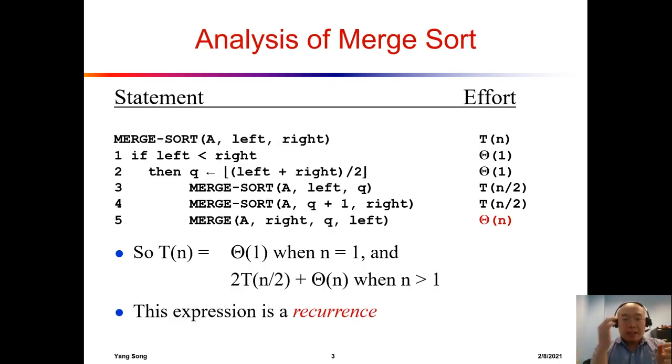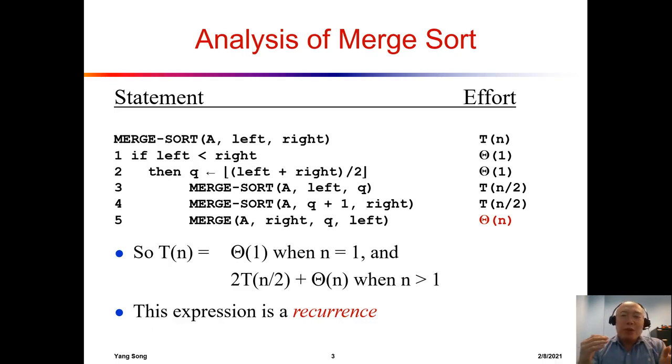And for the analysis of merge sort, we find one tricky thing. To get T(n), which is the estimate of how many primitive steps we need to execute to get the sorting done, we have a T(n/2) there. So to have T(n), we have to figure out what T(n/2) is.